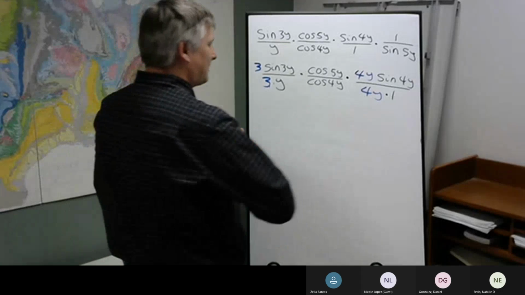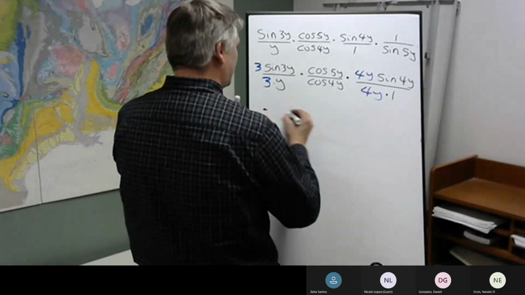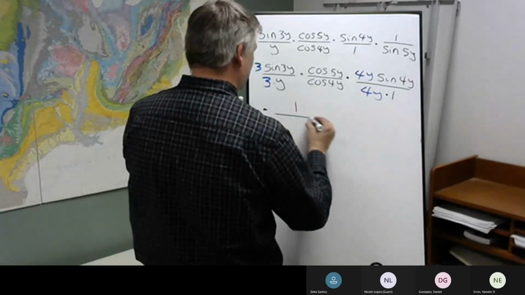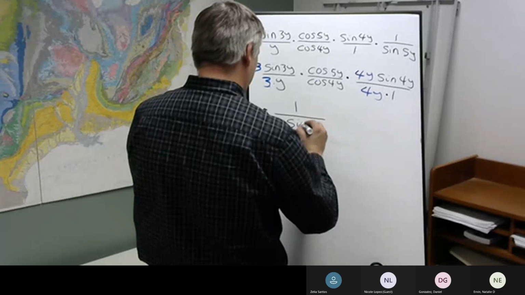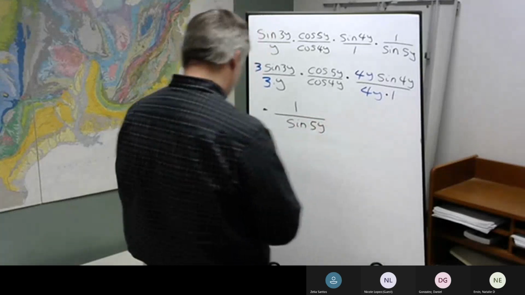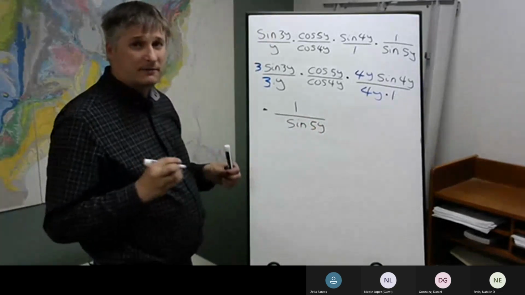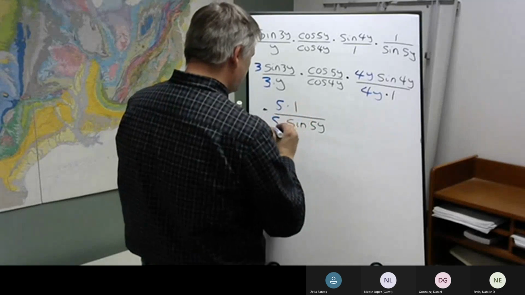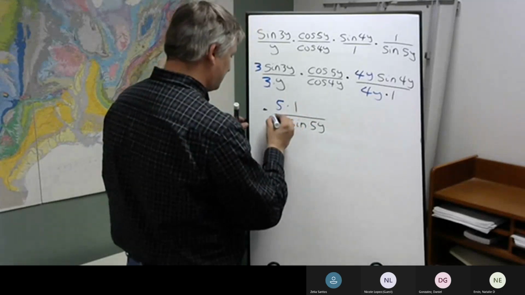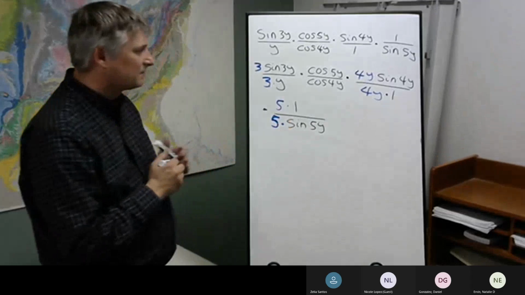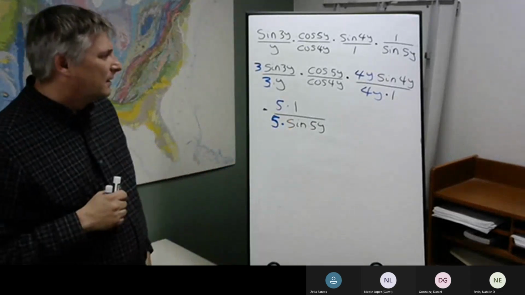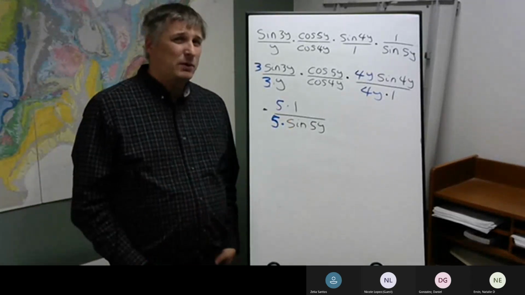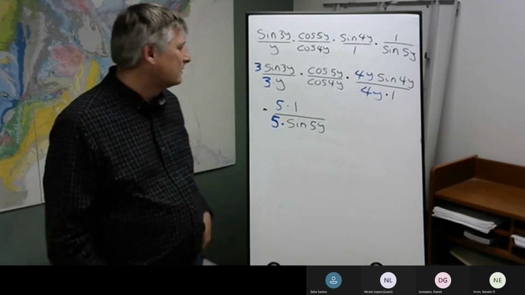And what I'm going to do with this one, I'll multiply top and bottom by 5. And there's a reason why I'm only doing 5. You might be able to see what I'm getting at here.